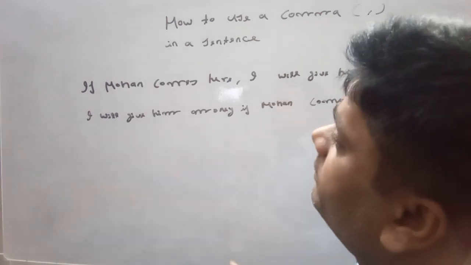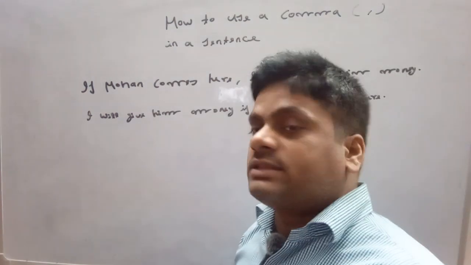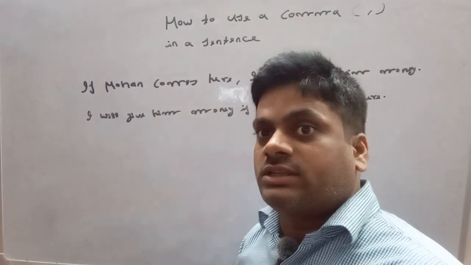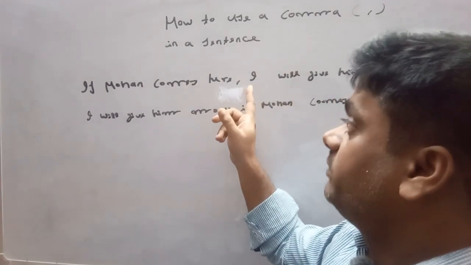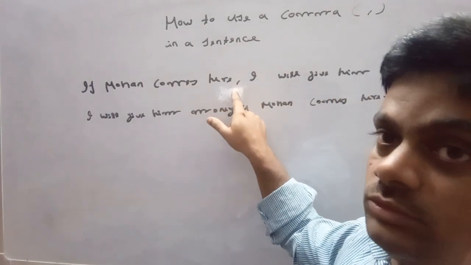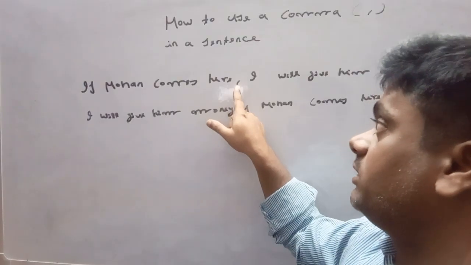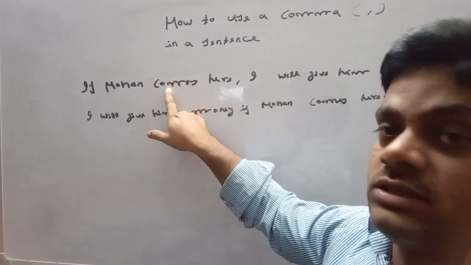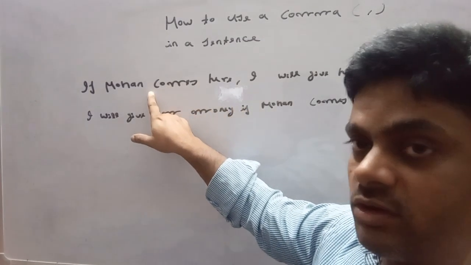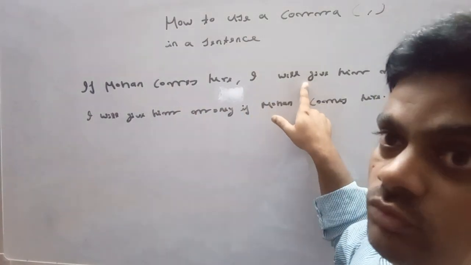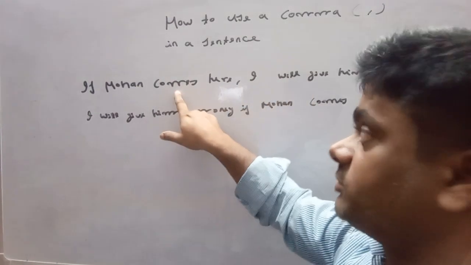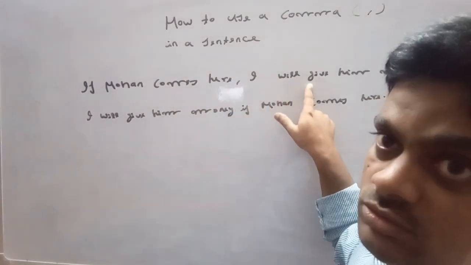So if we are going to connect a sentence of subordinate clause to the sentence of principal clause, then we can use a comma. Here I have used a comma because the first sentence is of subordinate clause and that is supposed to be connected with the sentence of principal clause. So we have used a comma between the sentence of subordinate clause and the sentence of principal clause.